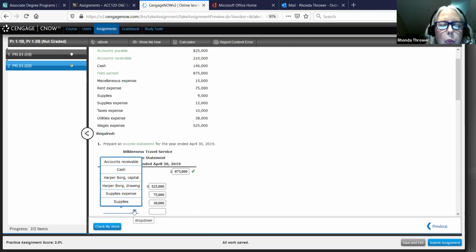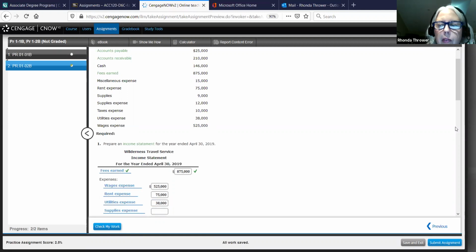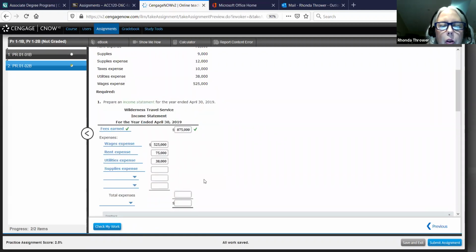The next expense is supplies expense. Notice all of these accounts have expense on them, and accounts are places where we have recorded increases and decreases. When we analyzed all those business transactions, we ended up with supplies expense at the end of the period at $12,000. This represents all the supplies you used during that period of time.